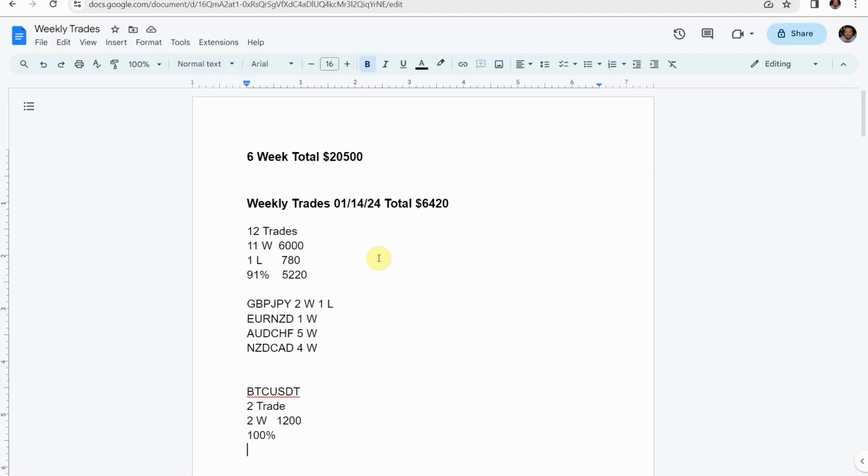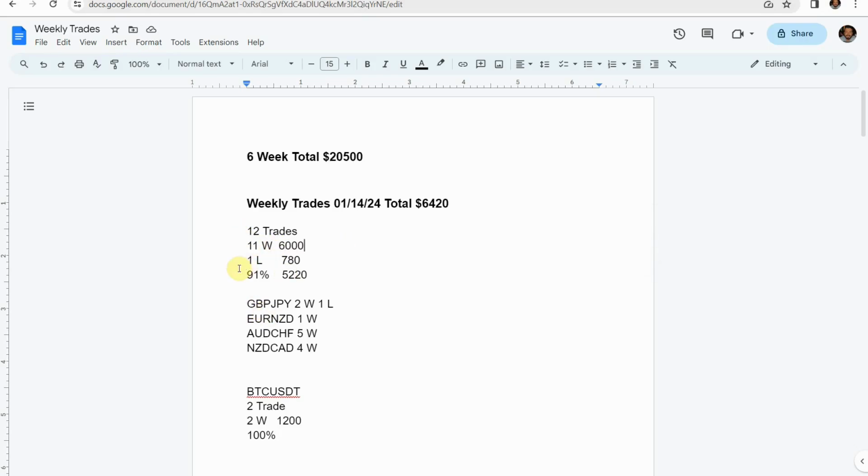Let's go ahead and go over the weekly signals. This is using the Academy of Forex strategy, again, that I've mentioned a few times before. This is tracking the signals on these 4 Forex pairs and this one crypto coin, on the 30-minute time frame. This week we did 12 trades altogether on the Forex pairs.